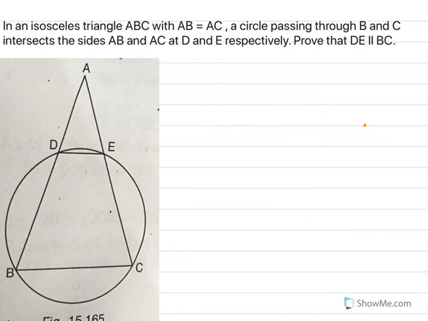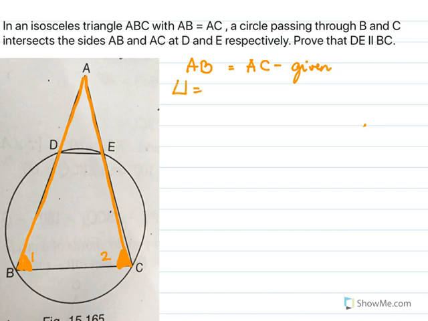So in this sum, in an isosceles triangle, AB equal to AC. Let me mark that. Here is AB equal to AC. If AB equal to AC, these base angles will be equal. I'll write them as angle 1 and angle 2. So let's write that first. AB equal to AC, and this is given.